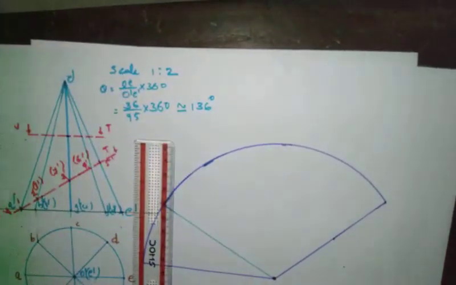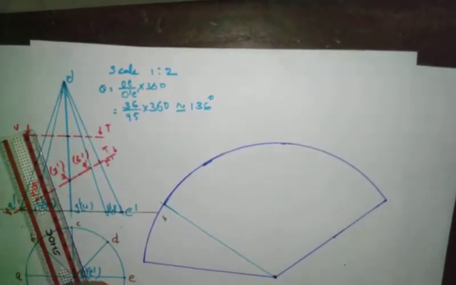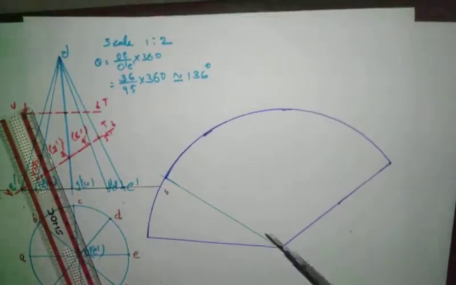So this is the development of the cone, which has included angle theta equal to 136 degrees.